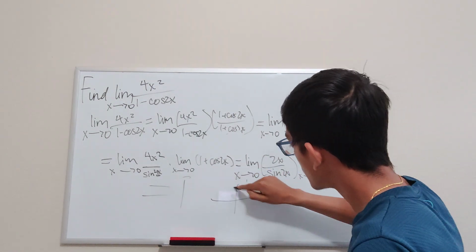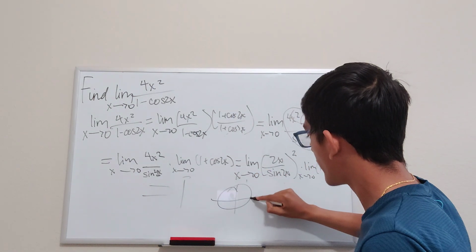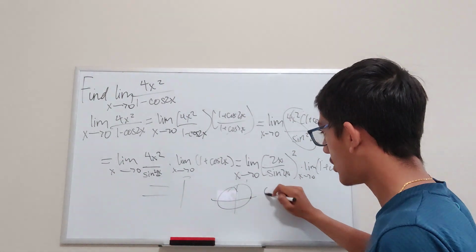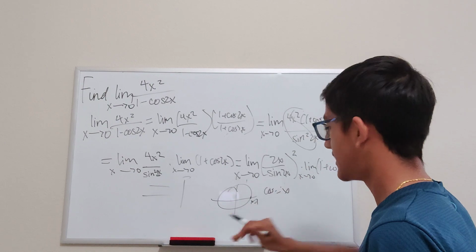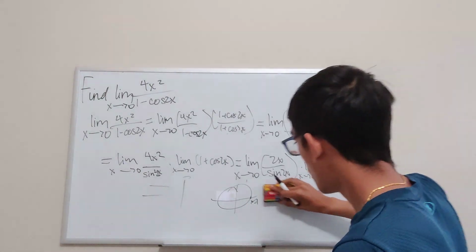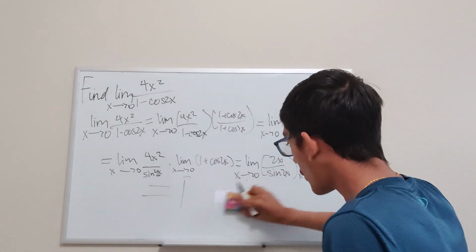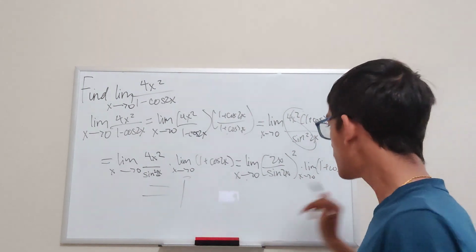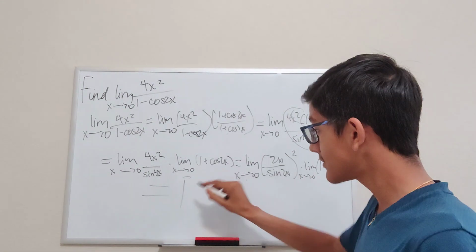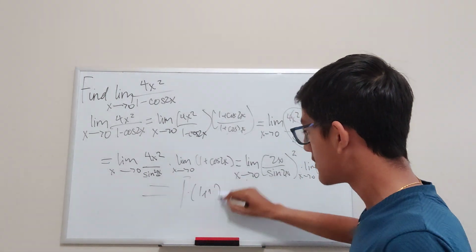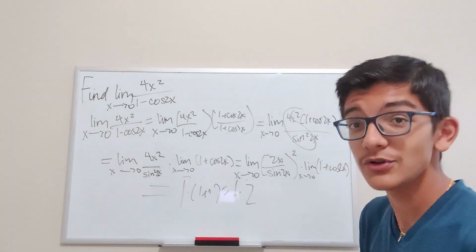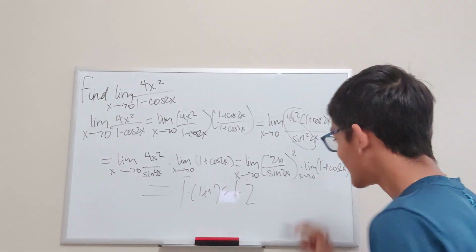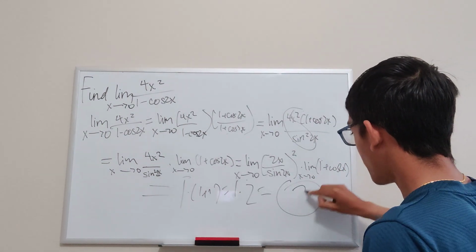On the unit circle, cos is always equal to x, and x is going to be equal to 1 right here. Therefore, cos 0 is just 1. So 1 plus 1 is 2. And so 1 times 2 is just our final answer of 2.